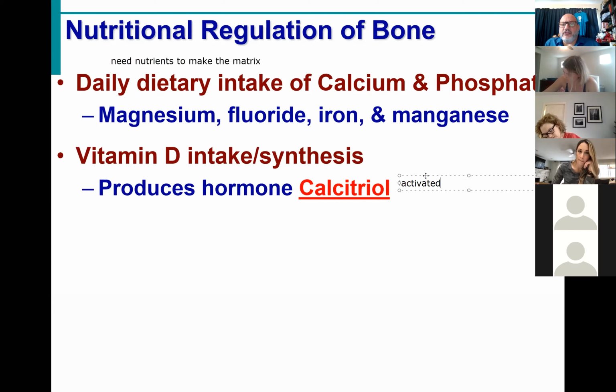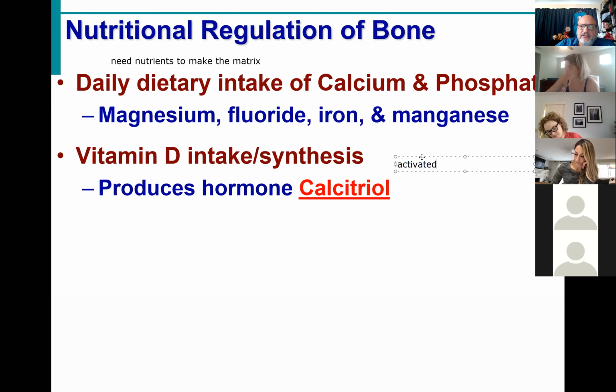And calcitriol's job is to tell the digestive system to absorb calcium. So again, you could drink a whole cow's worth of milk, but if you don't have that calcitriol in your body, most of that calcium will stay in your digestive system and will be released in your feces. To get your body to absorb that calcium, we need calcitriol.